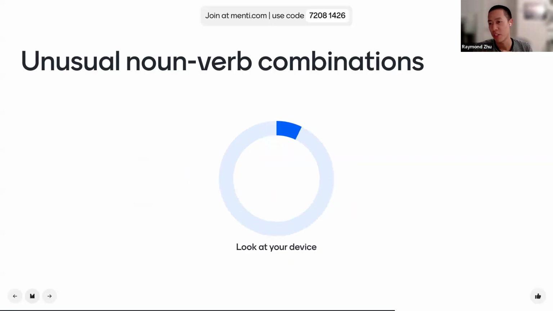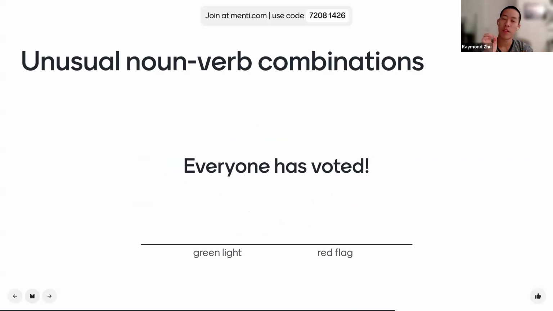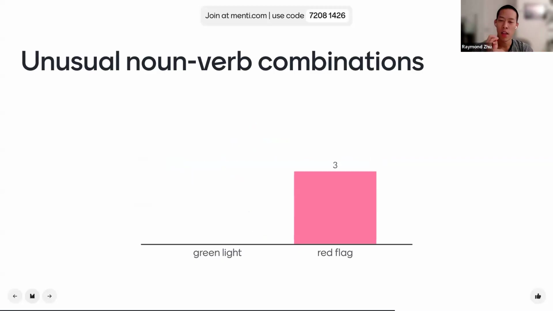So, unusual noun verb combinations. And these green lights are red flags. Whoops. So everybody missed this one.